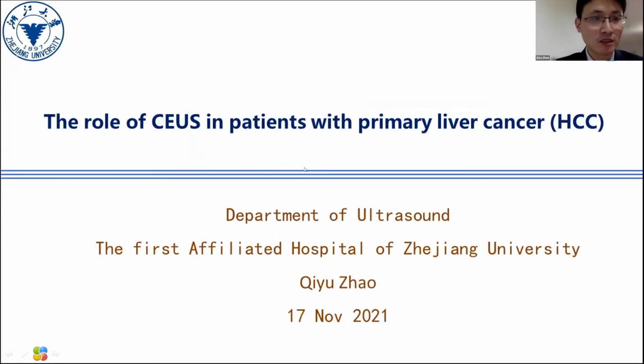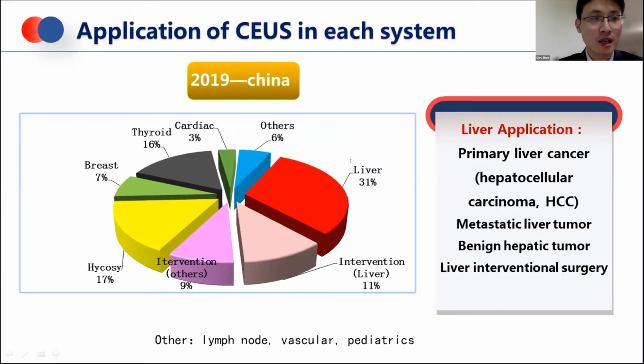I'm Dr. Zhao from the First Affiliated Hospital of Zhejiang University. It's my honor to be here to share my experience about the role of CEUS in patients with primary liver cancer, HCC. As we know, CEUS has already been widely used in the world.